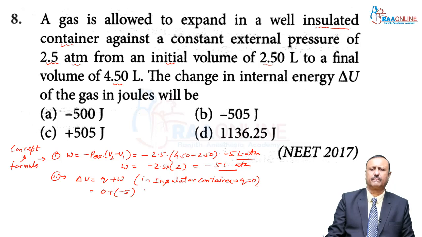liter atmosphere. Here, my dear students, this liter atmosphere is converted into joule, because in all options the values are given in joule. So liter atmosphere is multiplied by 101.325 joule, because 1 liter atmosphere is equal to 101.325 joule.